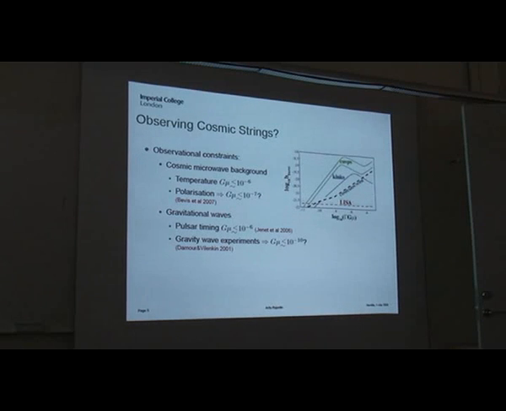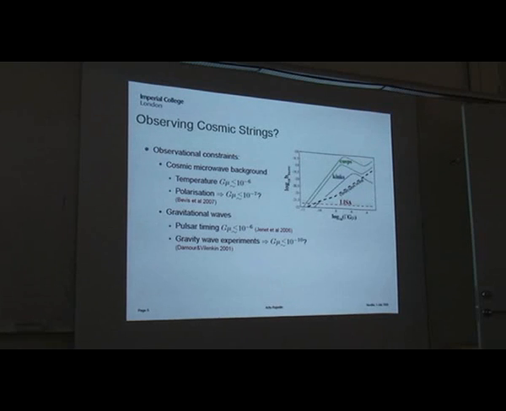In future, when Planck and other experiments can measure the polarization of the light better, there's hope to improve this bound a little bit. There's a similar bound coming from gravitational waves. The strings, when they evolve, emit gravitational waves, and when a gravitational wave goes between us and the pulsar, it would affect the frequency of the pulsar that we observe.